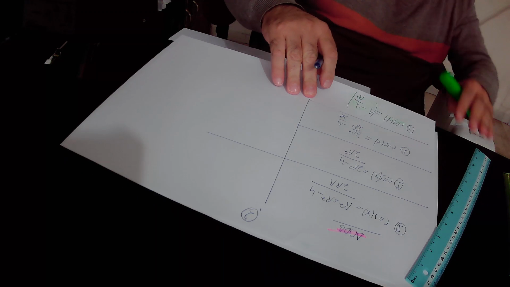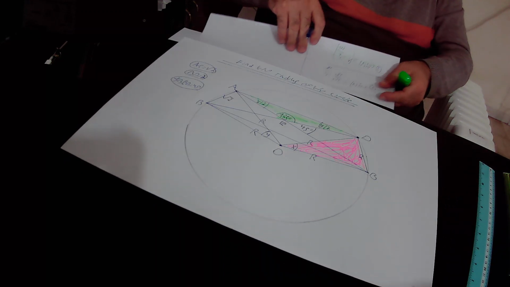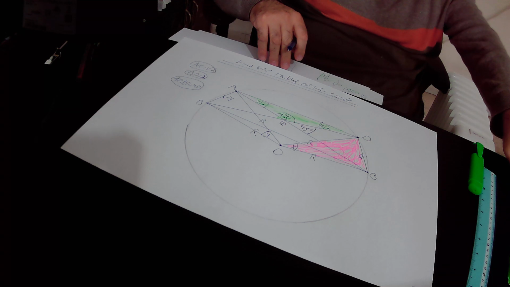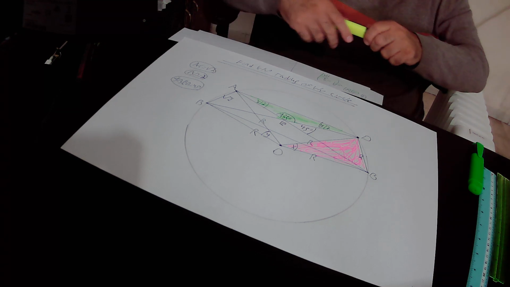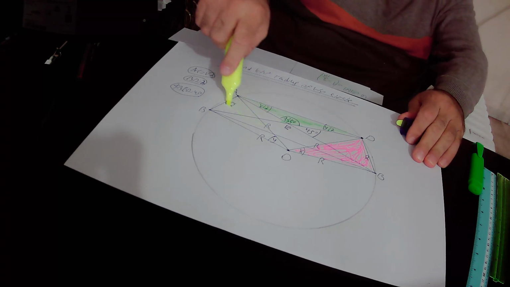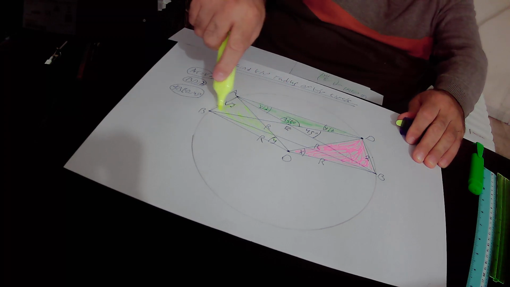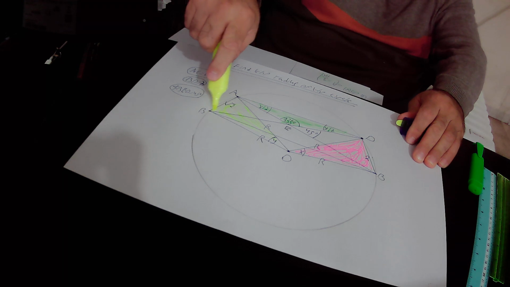In the next step, we will implement the law of cosines on the yellow triangle, triangle AOB.